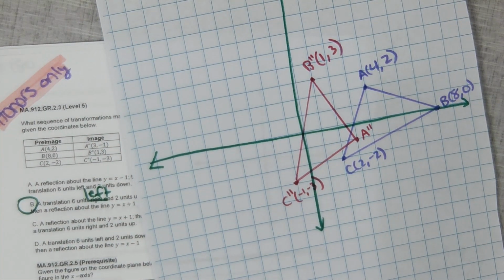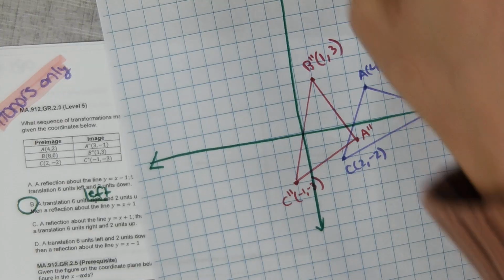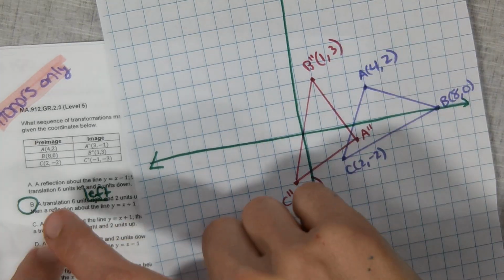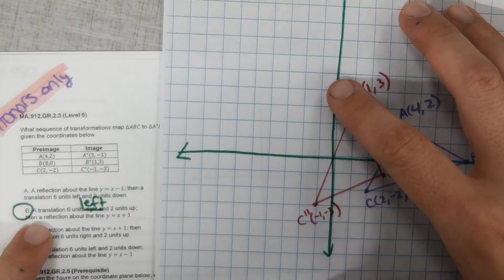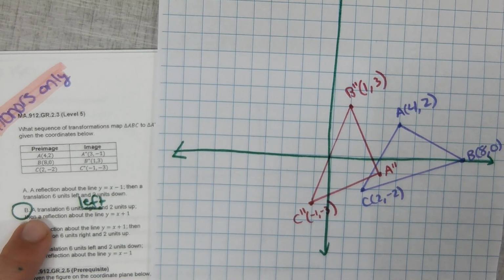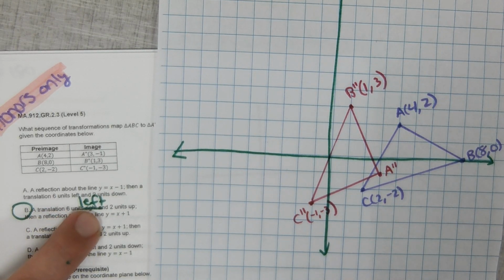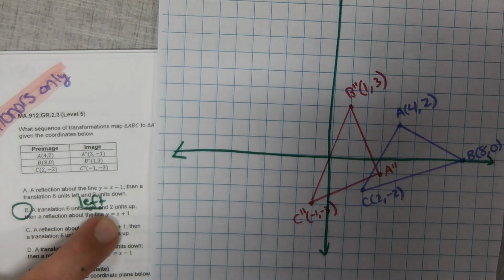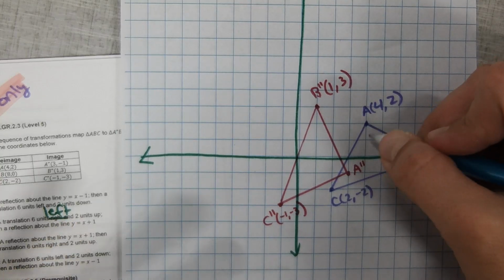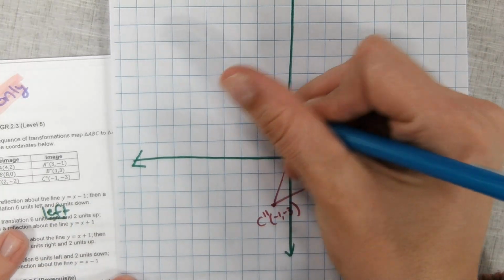Okay. So we're just going to test this out to see if it's right, and it's the right answer, so we don't have to do it 4 times. So it says we are translating it 6 units to the left and 2 units up, then reflecting it over the line y equals x plus 1. So step 1, from the purple one, just ABC regular, 6 to the left, 2 up.